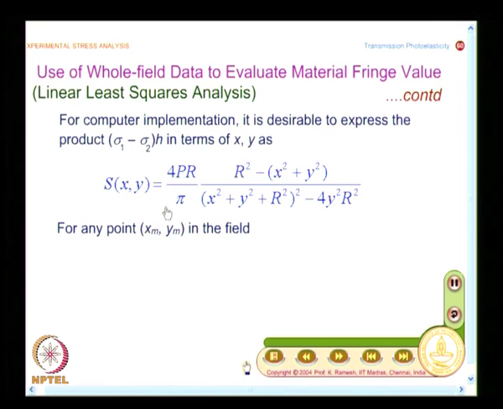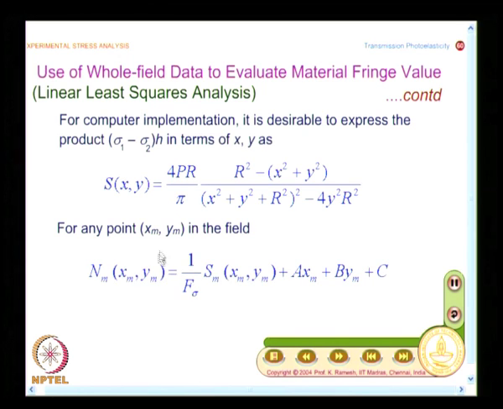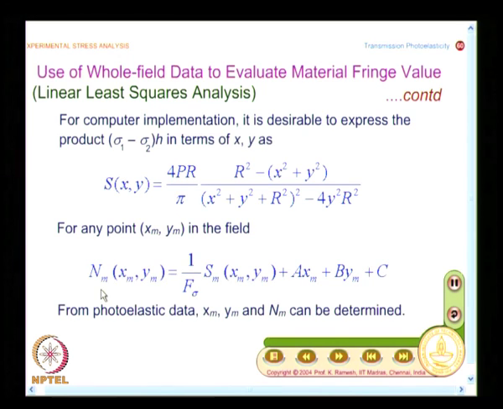So, for the point m, N_m is defined as one contribution from the analytical expression, and another contribution from the assumed residual stress field.